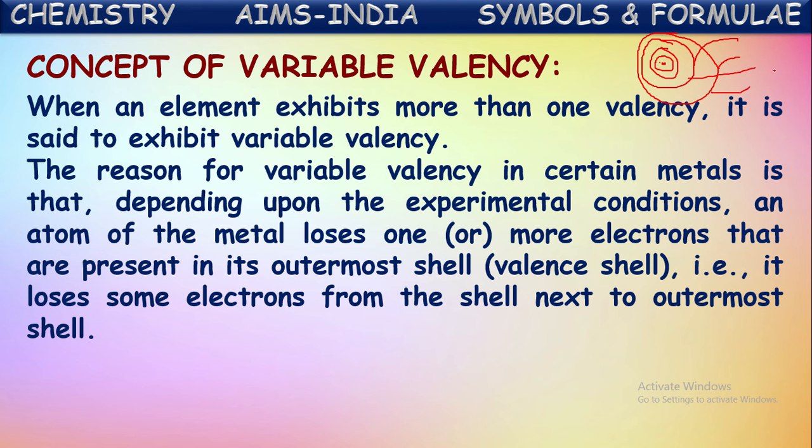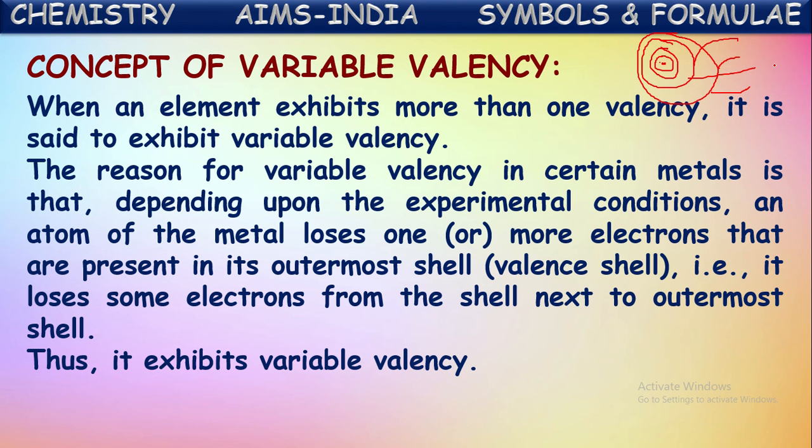Then they exhibit one more kind of valency. In that way, these elements can show more than one valency based upon the experimental conditions. So these elements are called variable valent elements. Thus, they exhibit variable valency.